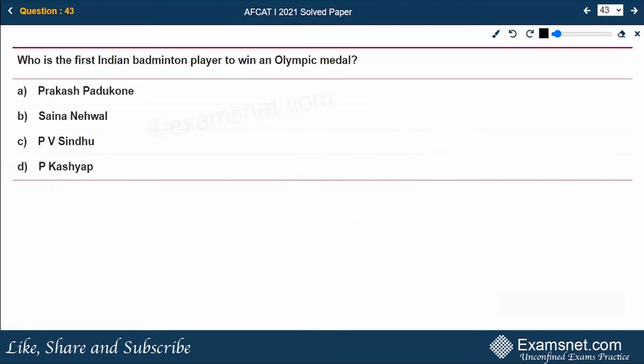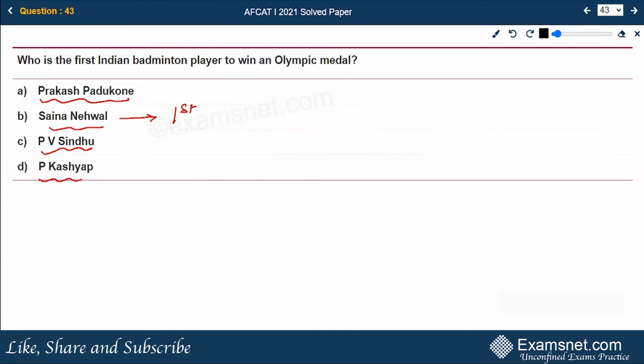Next, question number 43. Who is the first Indian badminton player to win an Olympic medal? Is it Prakash Padukone, Saina Nehwal, PV Sindhu, or P. Kashyap? The first one to win the Olympic medal was Saina Nehwal.